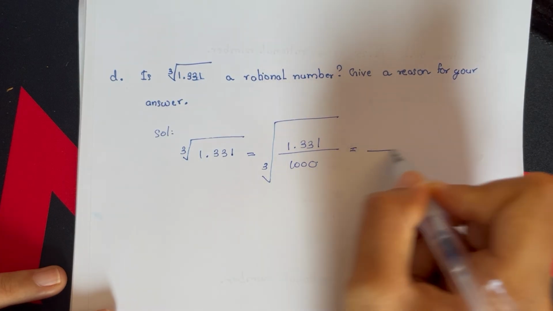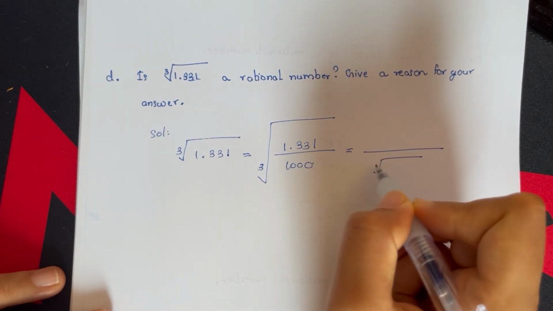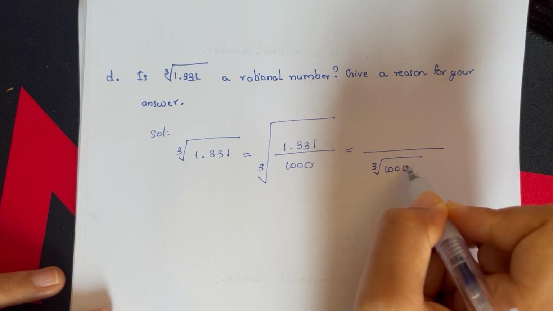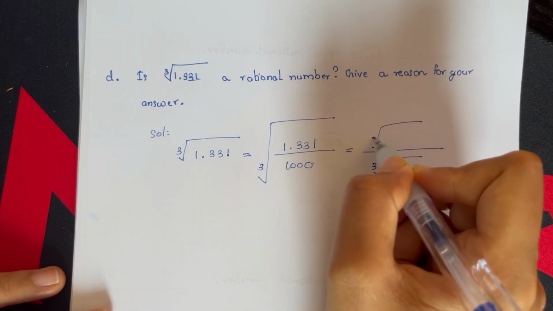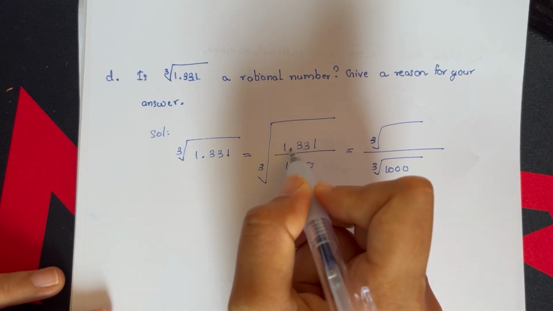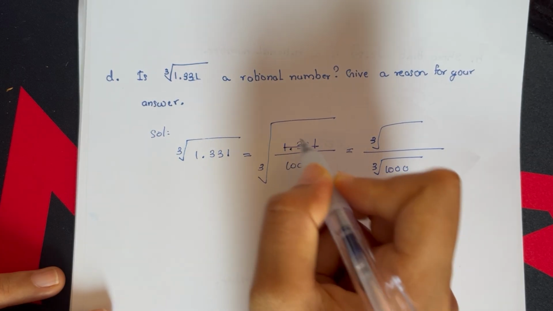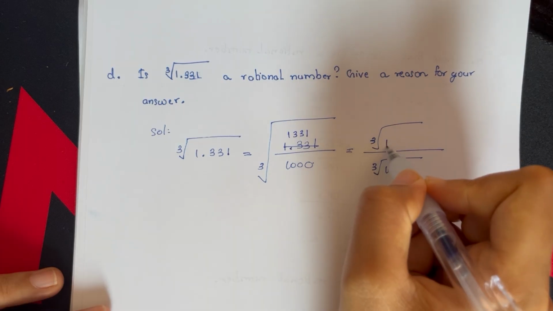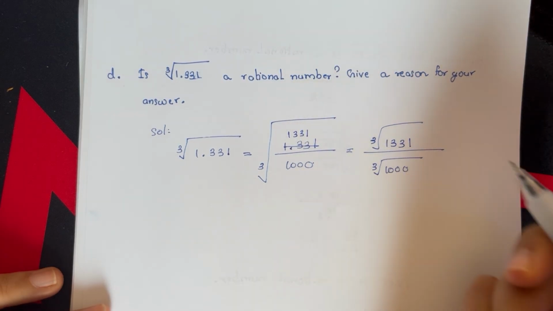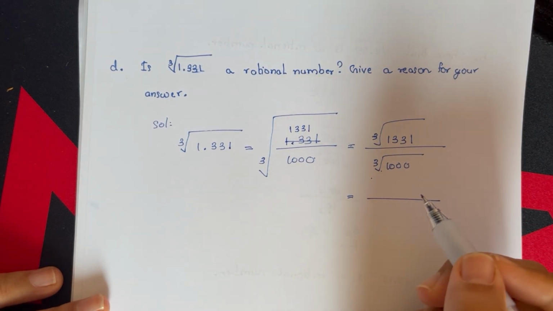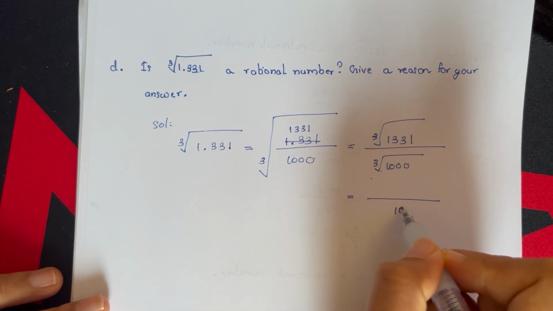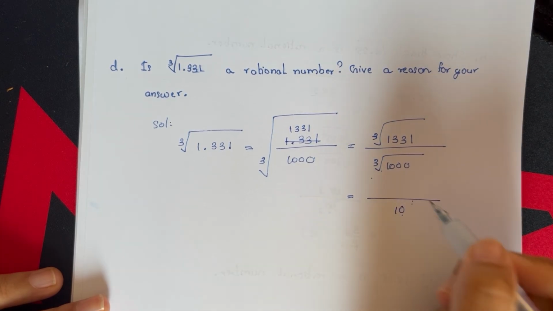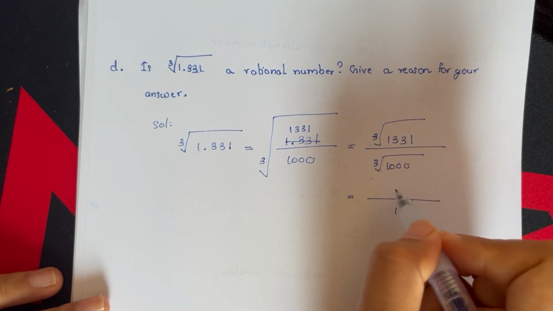So we will simplify this. That's equal to cube root of 1000 and cube root of, oh sorry, there is no decimal. That will be 1331. So cube root of 1331. Cube root of 1000, that's equal to 10, 10 three times, and cube root of 1331 equal to 11, 11 three times.